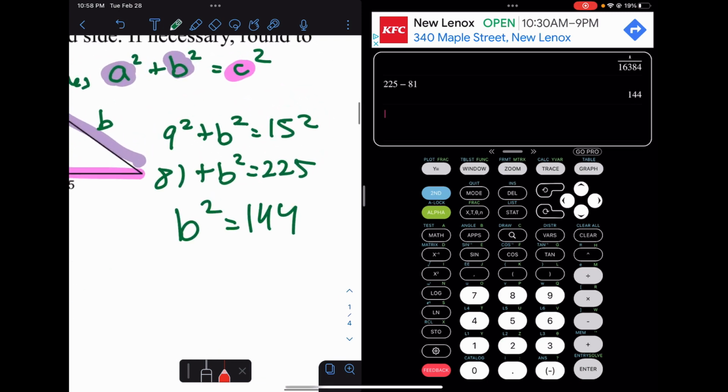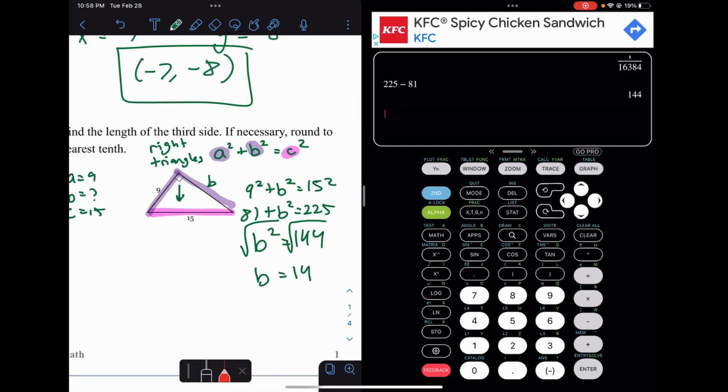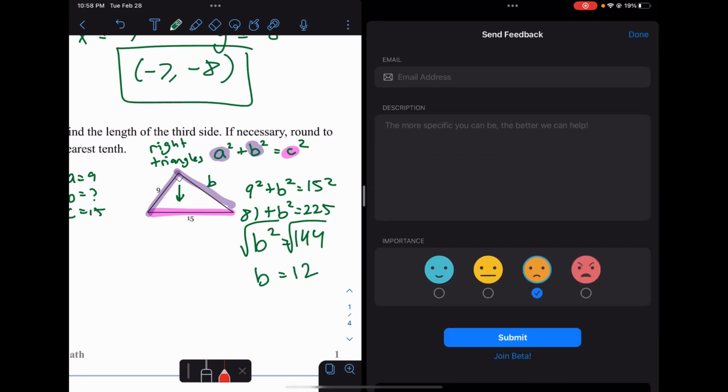To find B, I have to take the square root of both sides. Now, typically, when you add in the square root symbol, you have to do plus minus. But in this case, with Pythagorean theorem, you're just doing a length. The direction of it doesn't really matter, so you don't have to do plus minus with Pythagorean theorem. When it gets more complicated and you go to higher level math, you might have to do that. But anywho, the answer here, square root of 144, is 12.